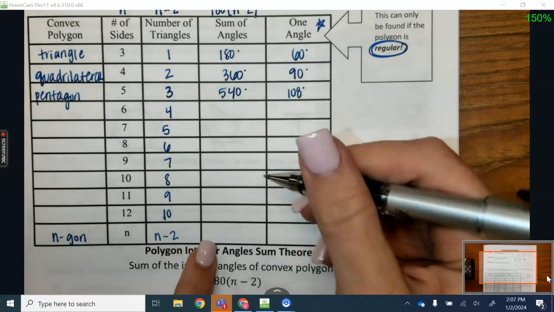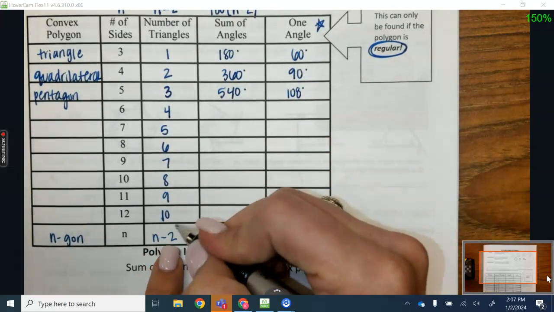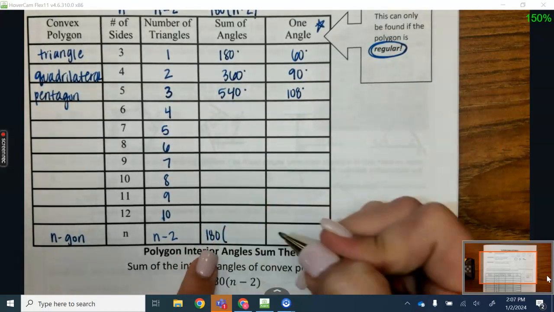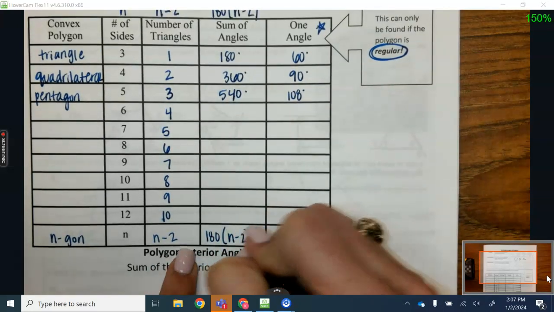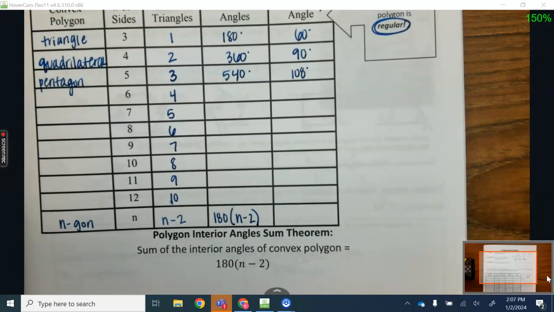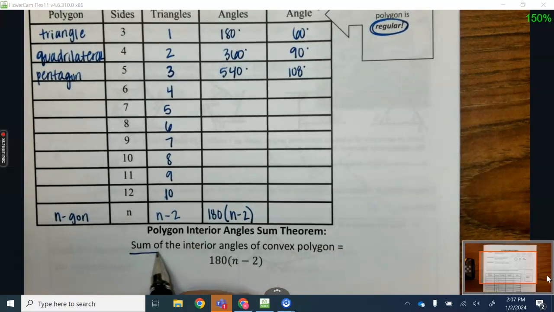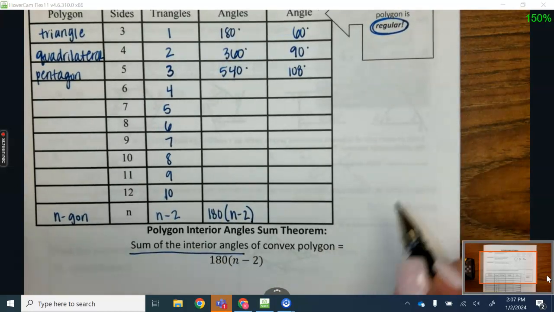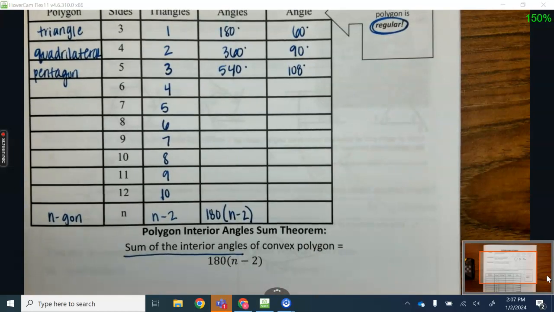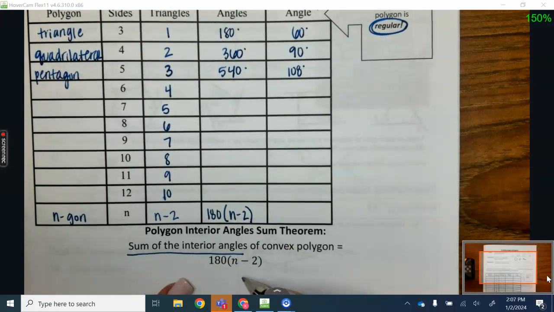The sum of the angles inside depends on the number of triangles: 180 degrees for every triangle times the number of those triangles, which was n minus 2. So here is your rule for the sum of the interior angles of a convex polygon. This applies to any polygon. It does not have to be regular. 180 times n minus 2.